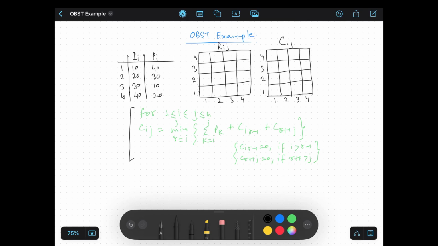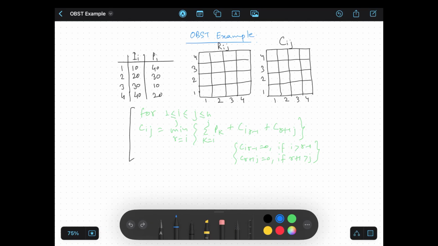There is a boundary condition which says if i is greater than r minus 1, then this is 0, and if r plus 1 is greater than j, then this is 0.